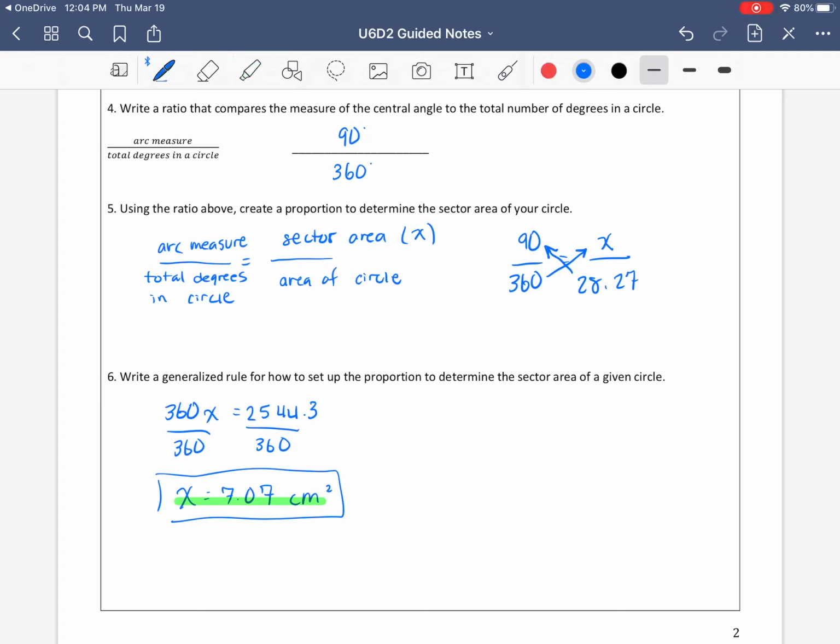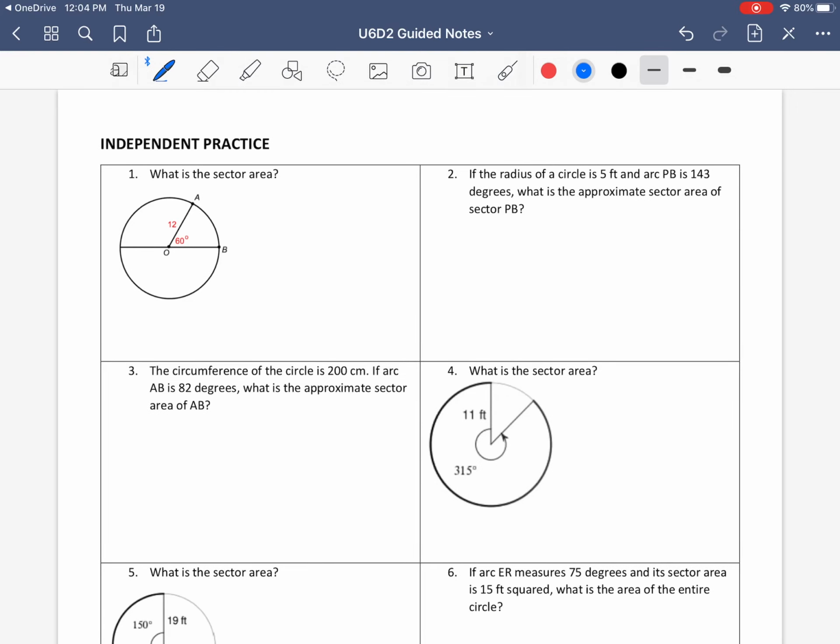Okay, I'm gonna give you guys a couple of seconds to finish this section up with your new radii. Now for this independent practice, same as you did last time, I'm gonna ask that you organize your information and show all of your work on a separate sheet of paper.